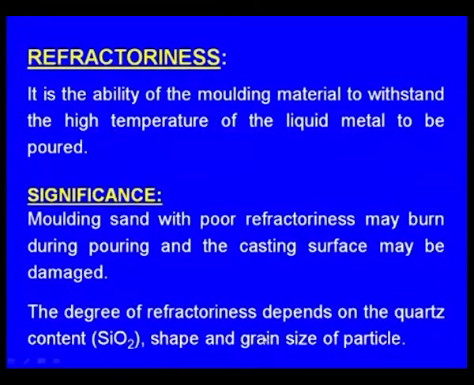Finally, the surface of the casting will be damaged. The degree of refractoriness depends on the quartz content, that is the silicon dioxide, and the shape and grain size of the particles. The next property is permeability.